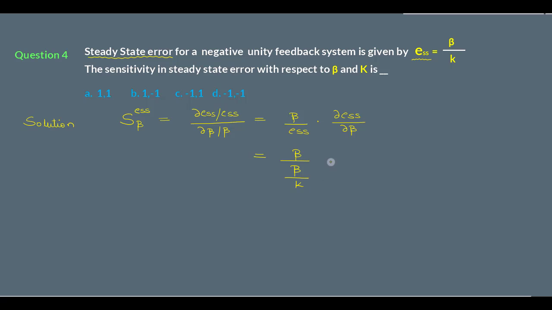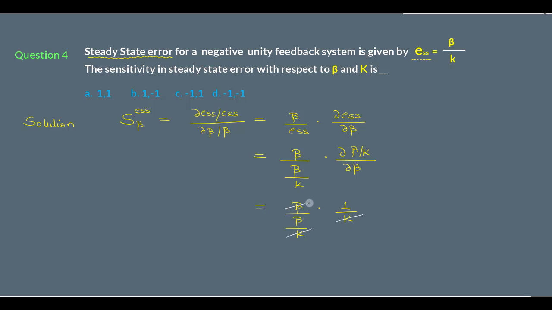So beta upon K into differentiation of ESS. So it is dou ESS is beta by K with respect to dou beta. So we'll get it is beta upon beta by K. So differentiation of beta by K with respect to beta is nothing but 1 by K. Now everything gets cancelled.